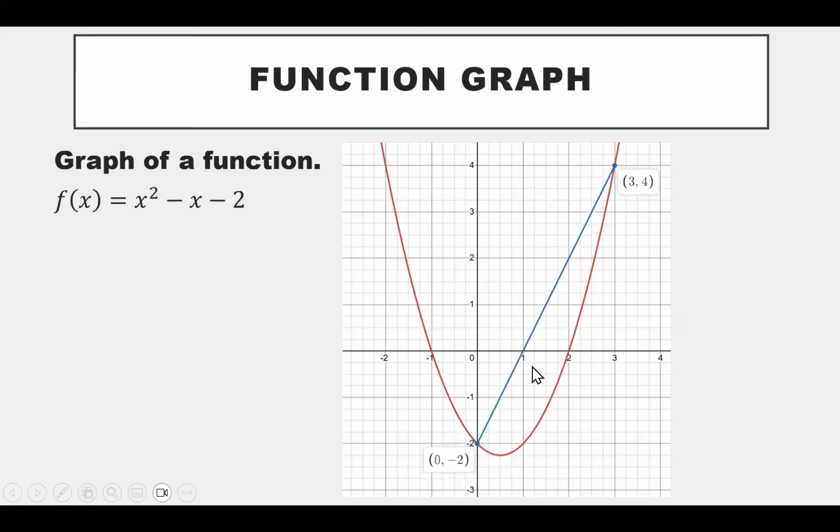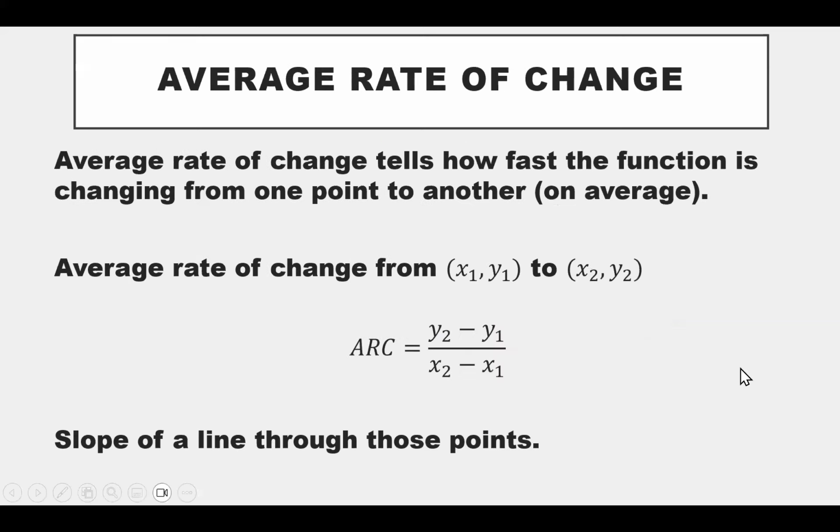So that's going to give me a straight line. And the rate of change of that line is going to be simply the slope of that line. So that's what the average rate of change is doing. It's telling us how fast the function is changing from one point to another on average.